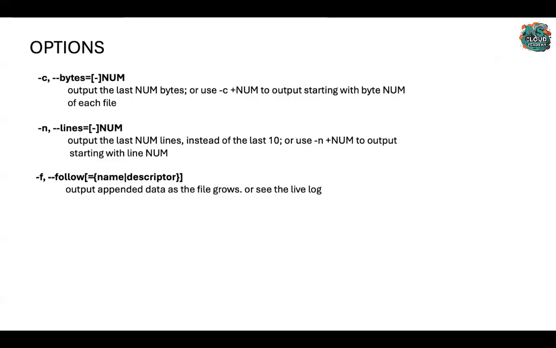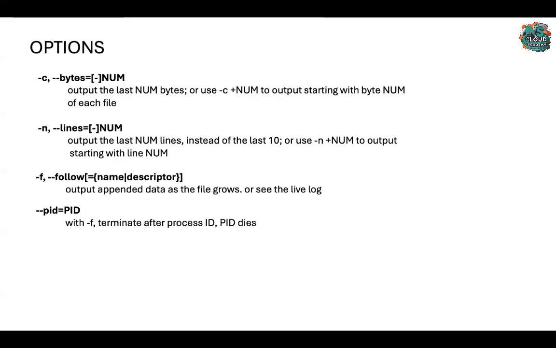Why? Because when you use -f, it will show you the live result of any file, the live modifications, what is going on in the file. Then --pid: let's suppose you want to run the tail command and you want it to keep going until and unless that PID is running.